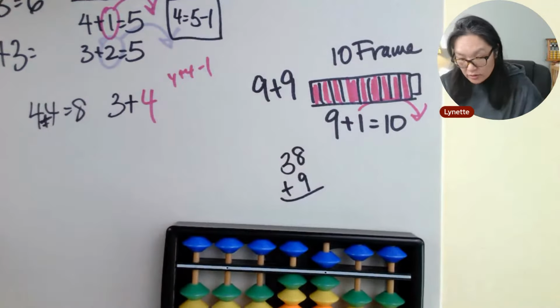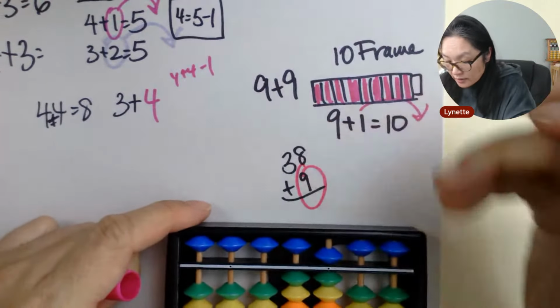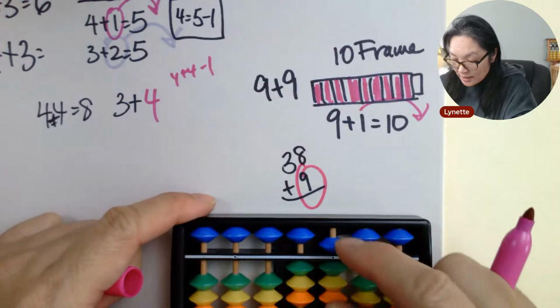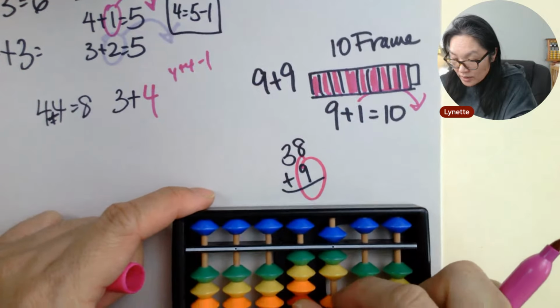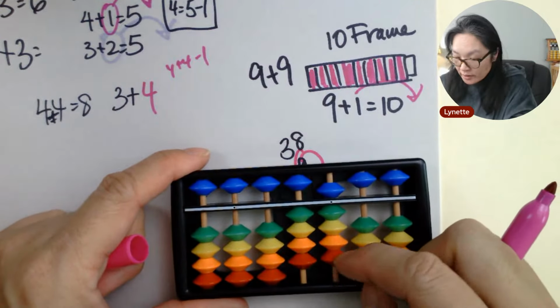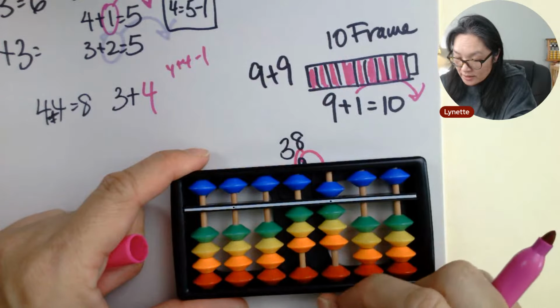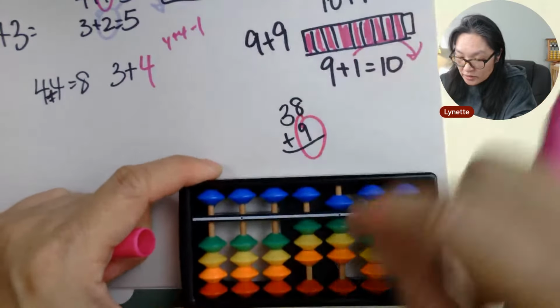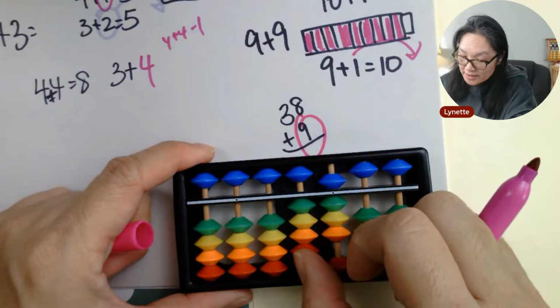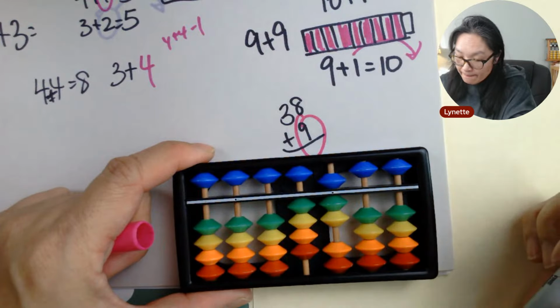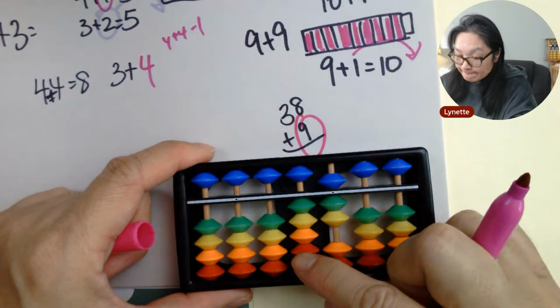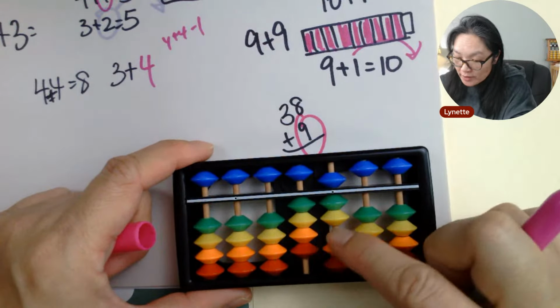Or you can just take your 9, and plus 9 is equal to plus the 10 minus the 1. So we're adding 9 to this, so it's plus the 10 minus the 1. So my answer is 47.